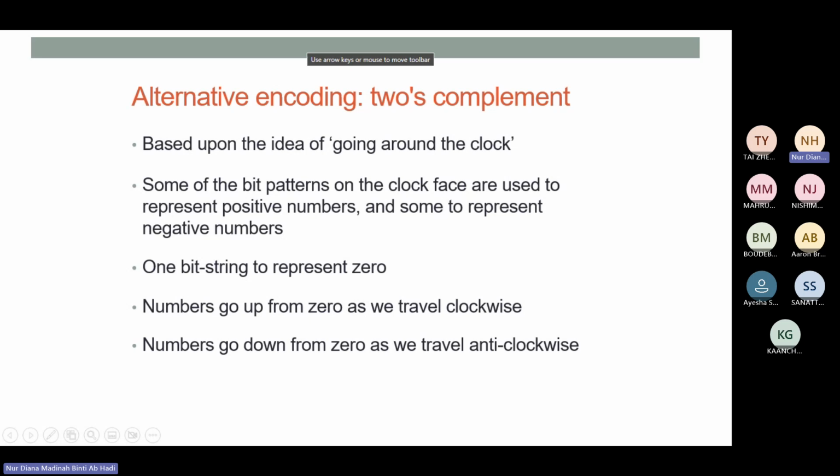Okay. So an alternative encoding is the two's complement. Now, still remember your two's complement. Okay, this two's complement actually came from going around the clock. Okay, one bit string represents 0, if numbers go up, we travel clockwise. If numbers go down, we travel anti-clockwise. Okay.